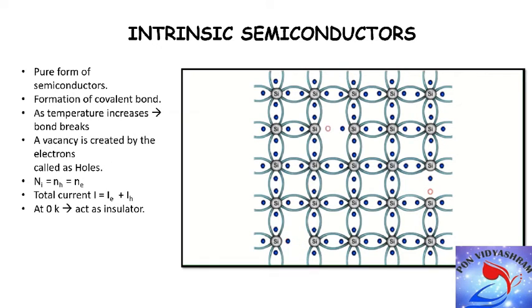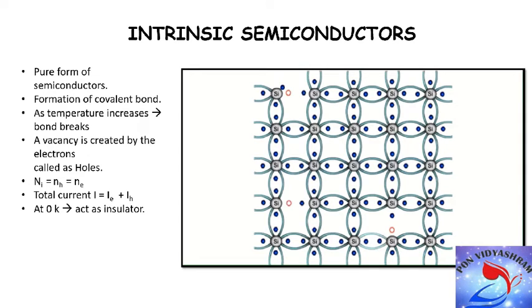Gradually that hole is again replaced by the neighboring electrons. Like this the process goes on, and once the electrons start moving, there is a flow of electrons, so obviously there is a flow of current here. Two things we need to concentrate on. First, a vacancy will be created, that is, holes.